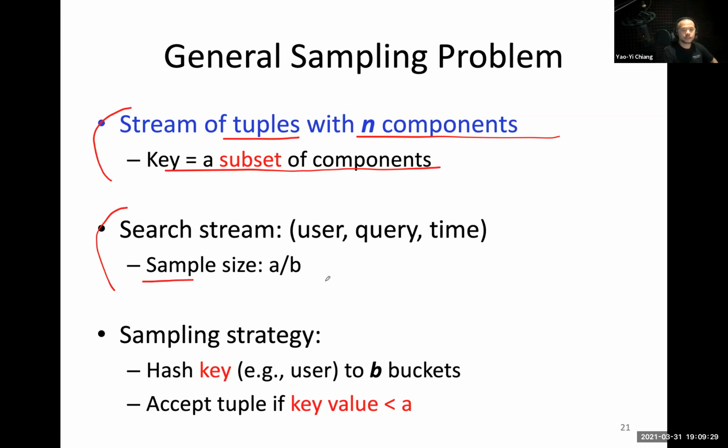This is your sample size, 1/b. It was 1/10 in our example. The sampling strategy is you take the key, you hash the key into B buckets, and you accept the key if the hash value is smaller than A, sorry, smaller than A.